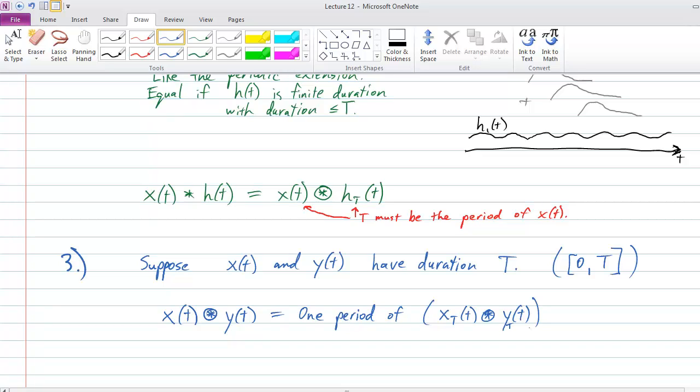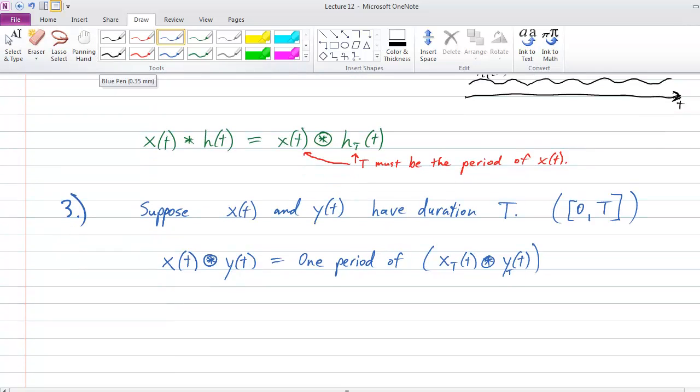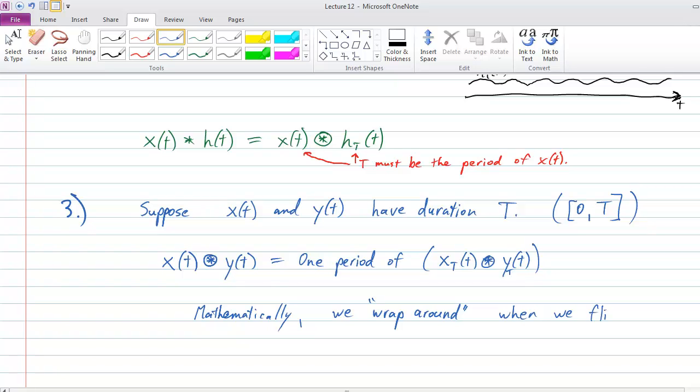Okay, so mathematically what that means is we wrap around the space when we flip and shift.